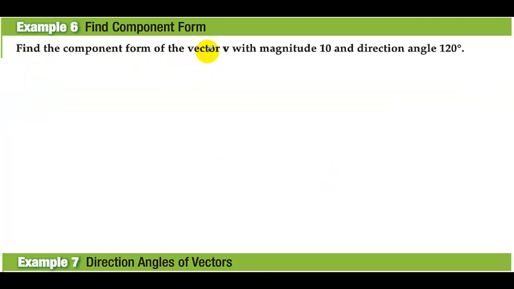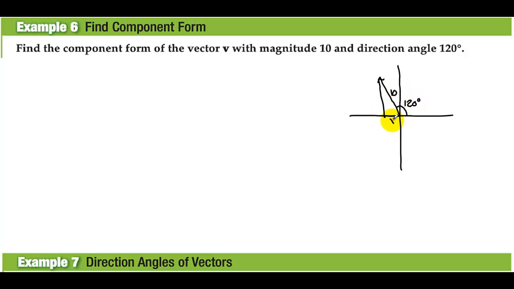We want to find the component form of the vector v with magnitude 10 and direction angle of 120 degrees. So we have an angle of 120 degrees, and we want to find the horizontal component and the vertical component. Now the length, or the magnitude, of the vector is 10.